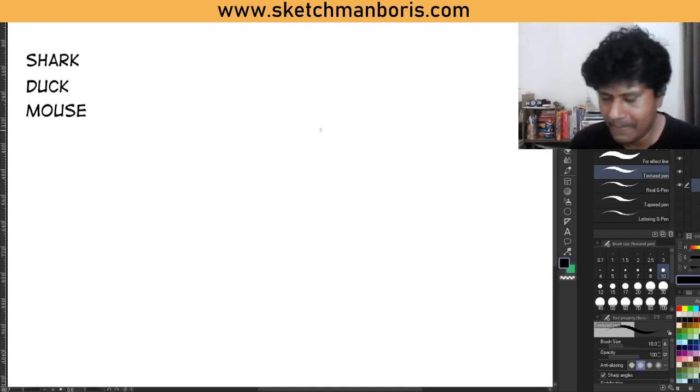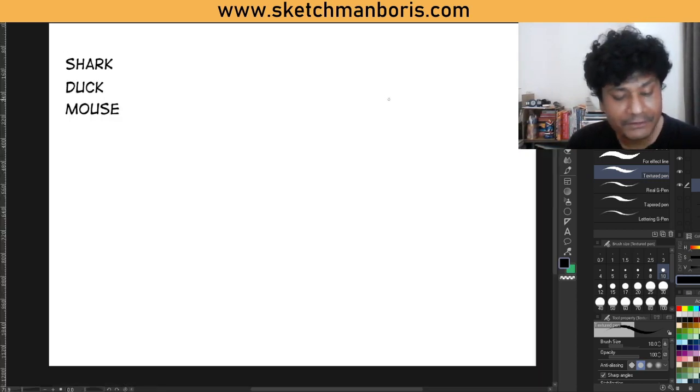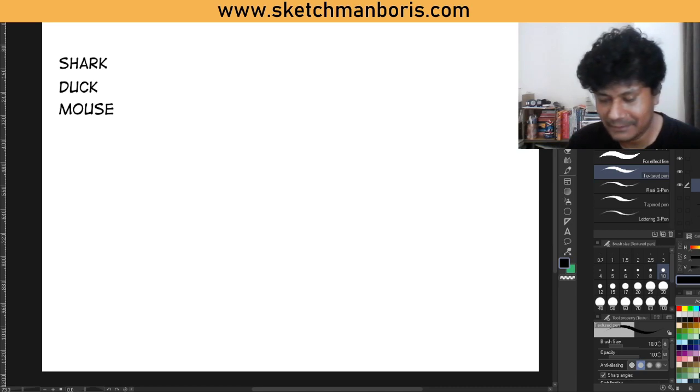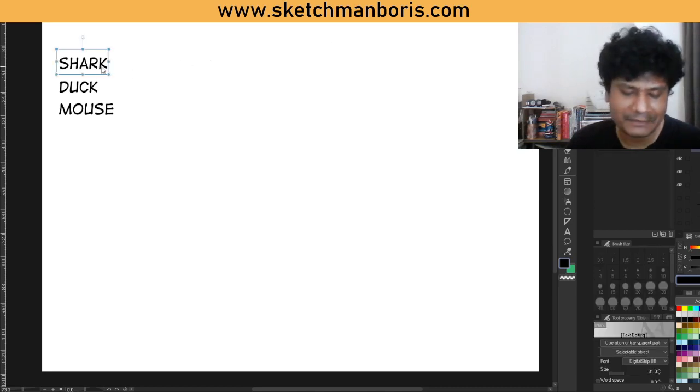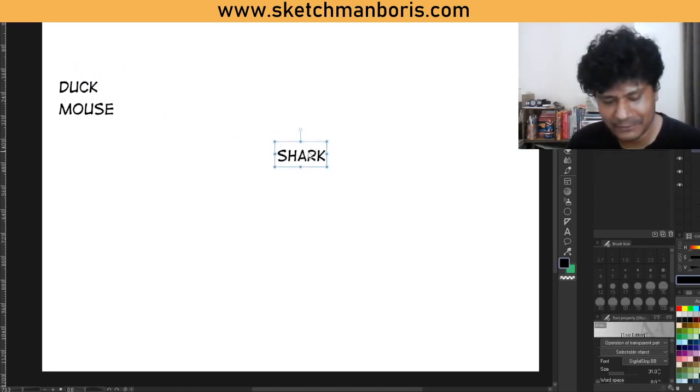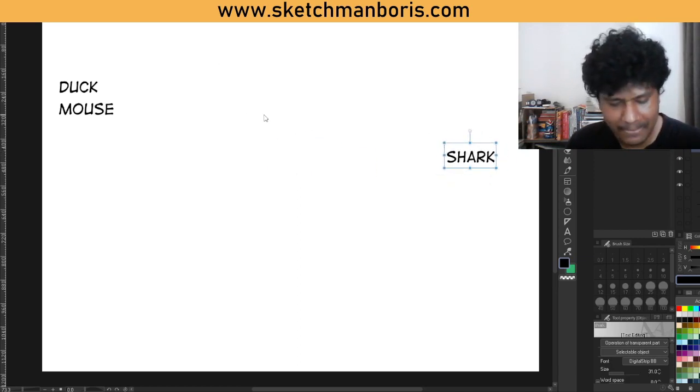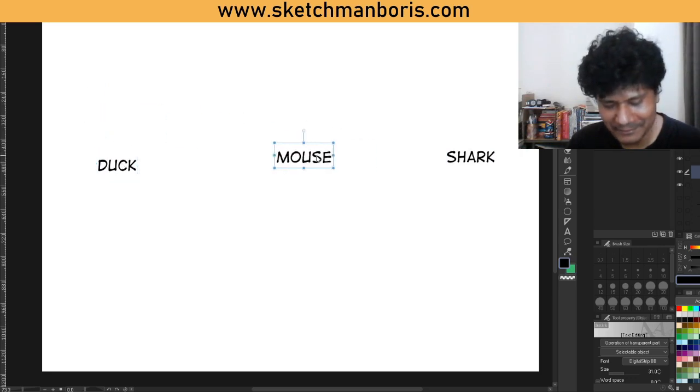Okay, so I love the shark's head, but I don't want to do the same drawing. So maybe shark's tail, and maybe duck head, and then mouse's body.